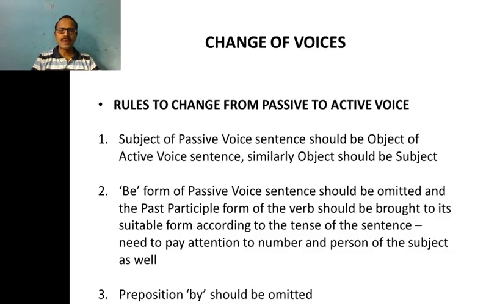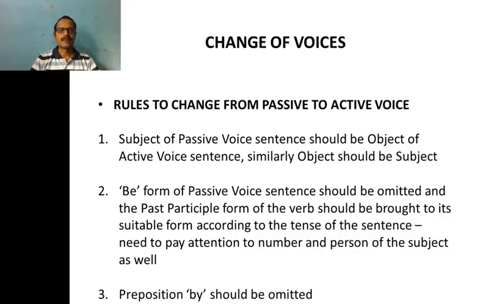Subject of passive voice sentence should be object of active voice sentence, and vice versa. Similarly, object or agent of passive voice sentence must be subject of active voice. So there it was exactly opposite. Now this is the rule.